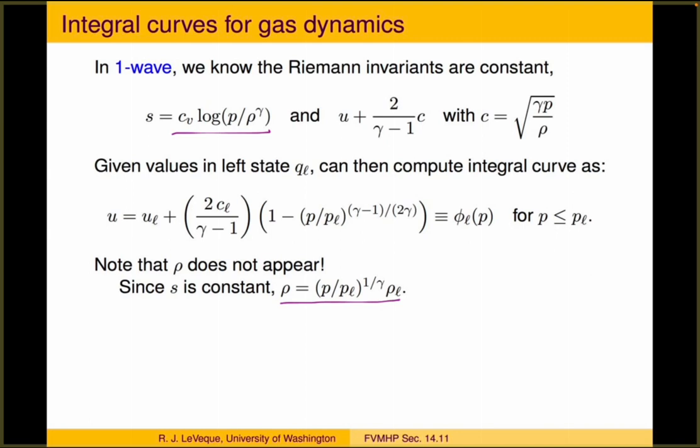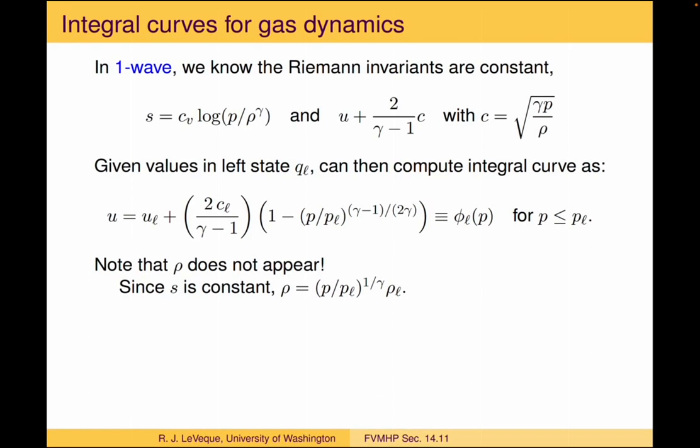If we know the density and the pressure in the left state, for example, then we know the entropy all along this curve, and from that we can calculate the density anywhere along this curve. So at some other pressure, we can calculate the corresponding density from the formula down here.